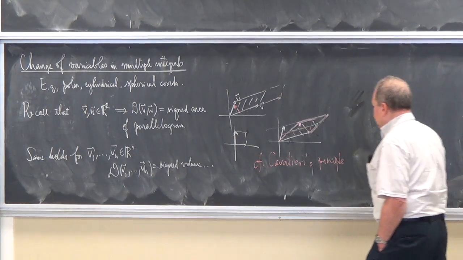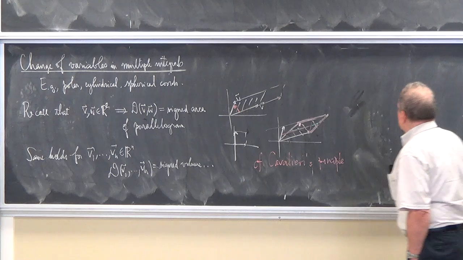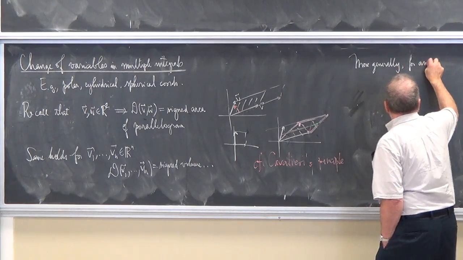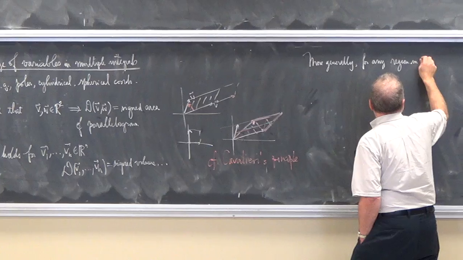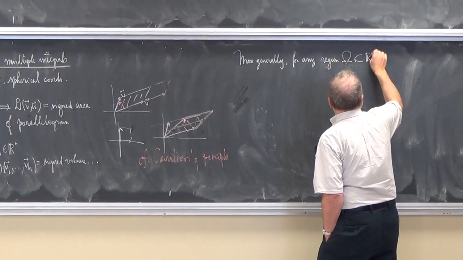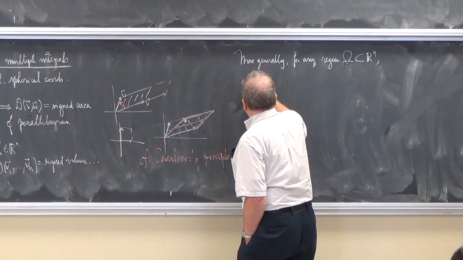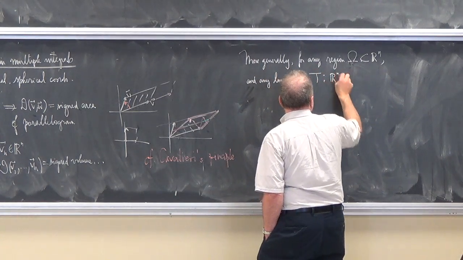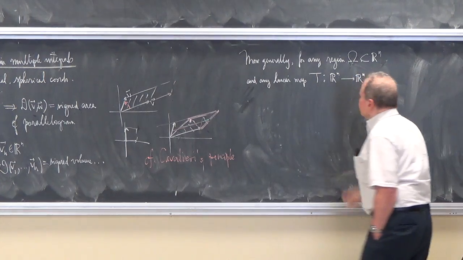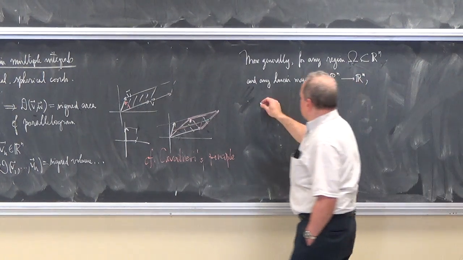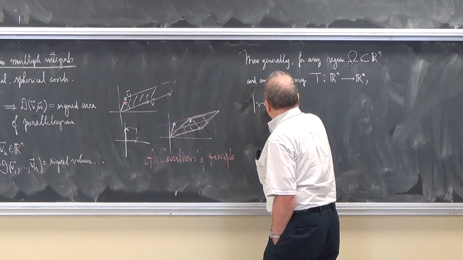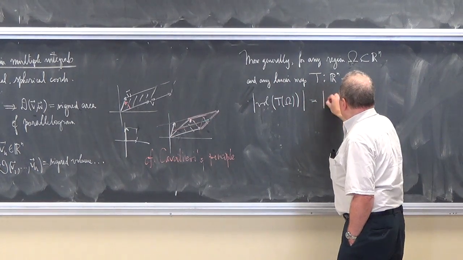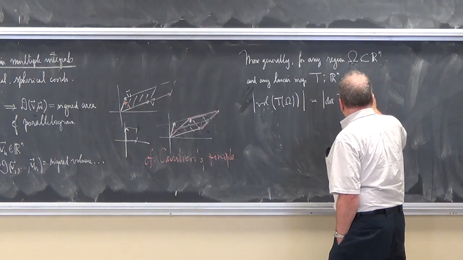And in fact, and this is actually proved in the book, more generally, for any region omega in R^n, and any linear map T mapping R^n to R^n, if you take the absolute value of the volume of the image of omega, it's going to be the absolute value of the determinant of T times the volume of omega.